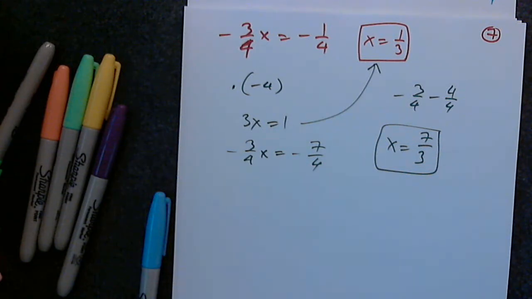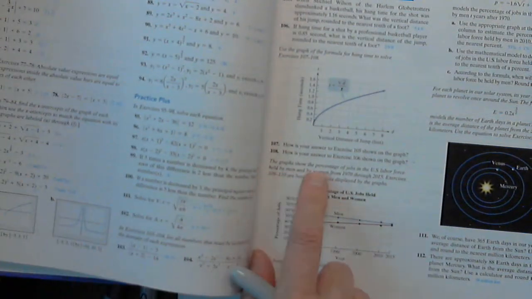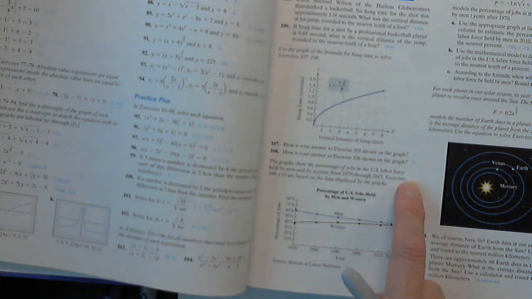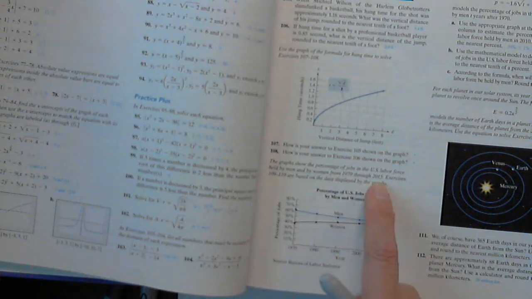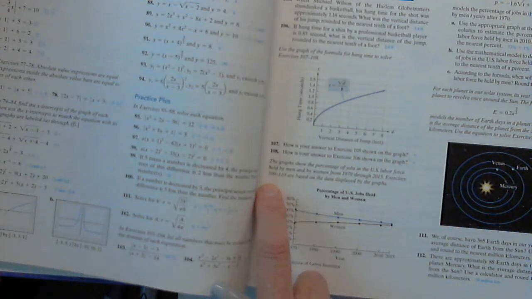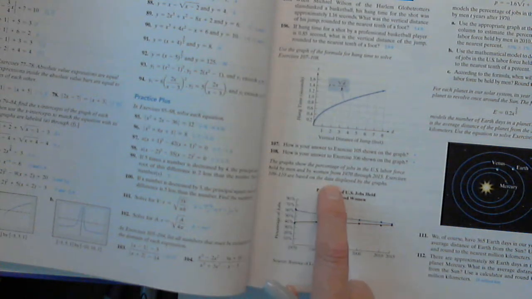This is an application of what we've been doing. So let's take a look at these graphs right here. It says the graphs show the percentage of jobs in the U.S. labor force held by men and by women from 1970 through 2015. Exercises 109 and 110 are based on the data displayed by the graphs.